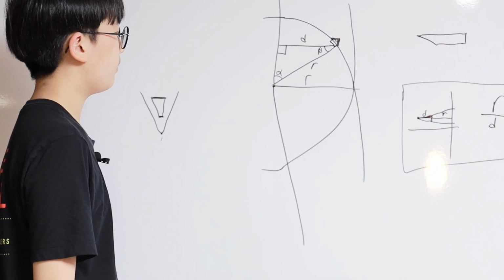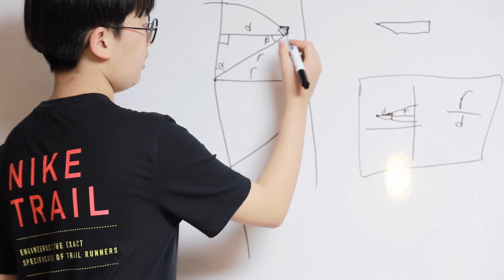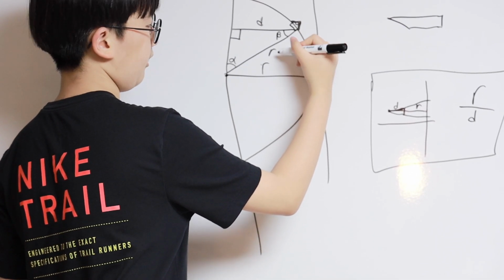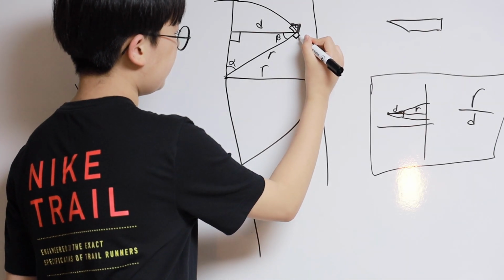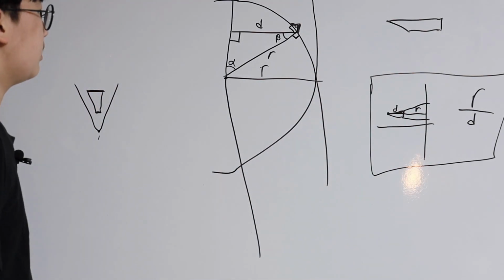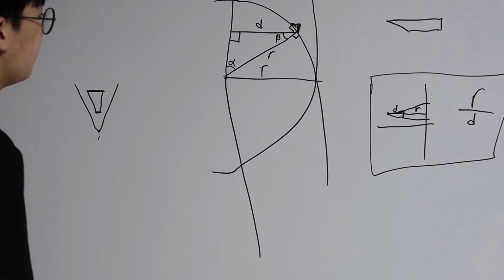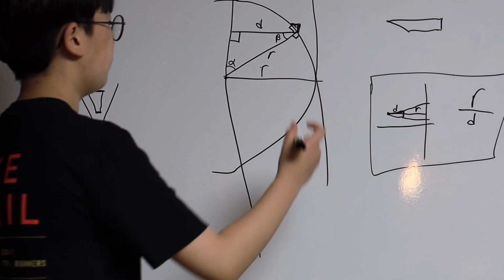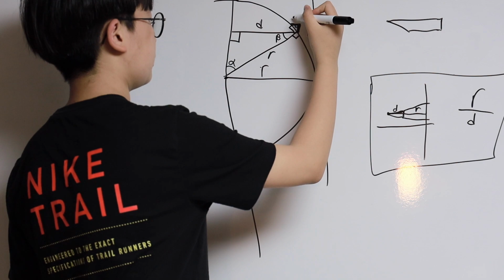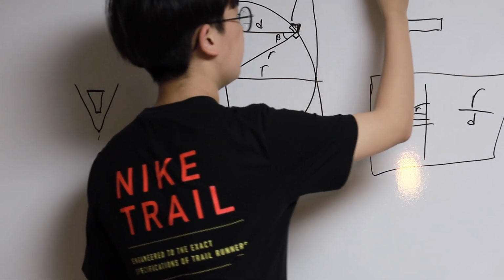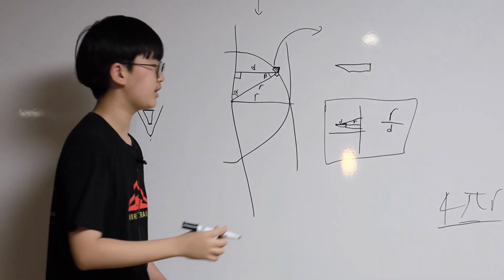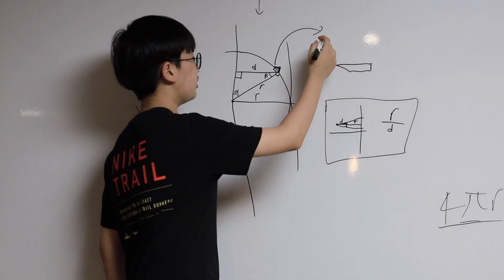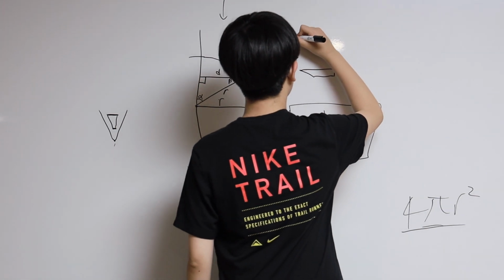Then, also, because this is a radius, this becomes 90 degrees. Also, I'm going to draw this a bit bigger.